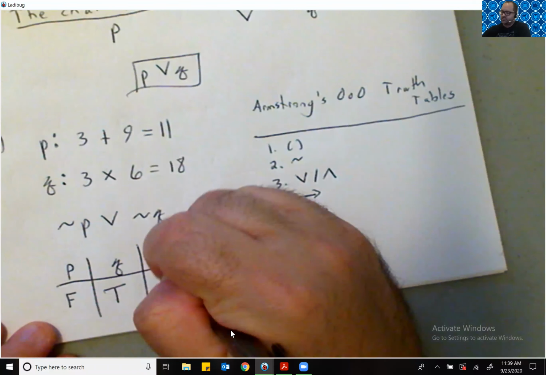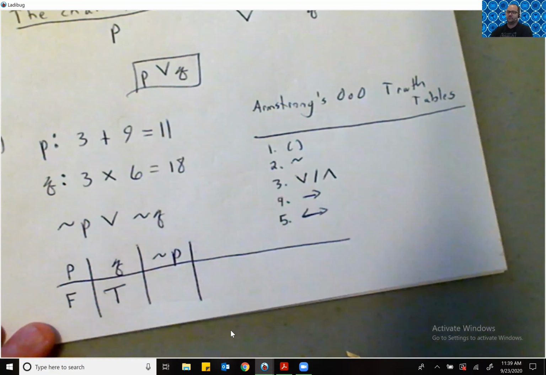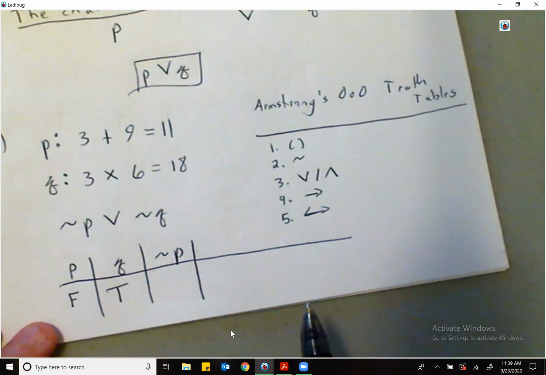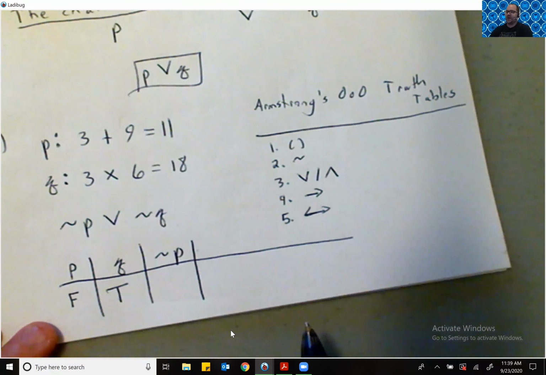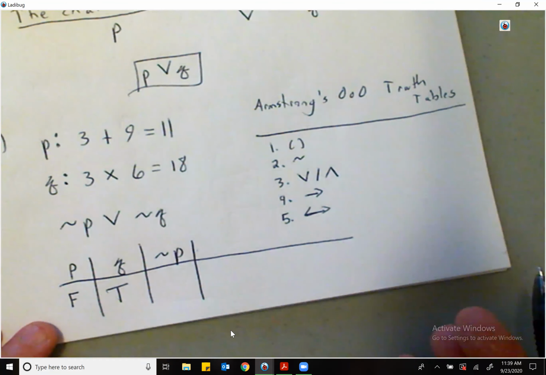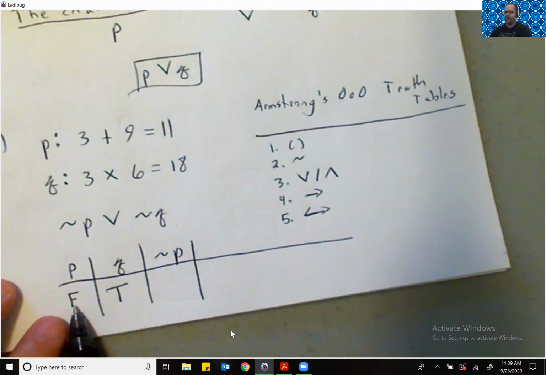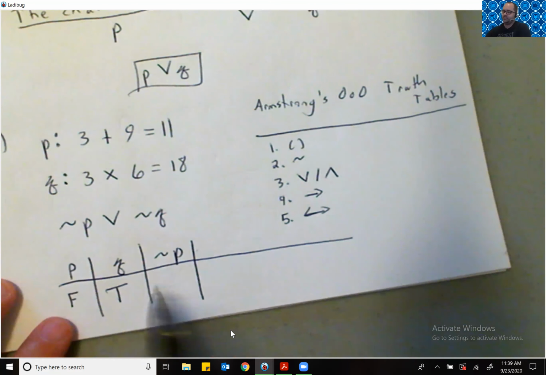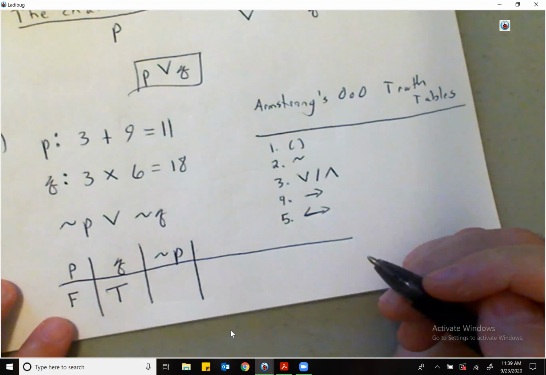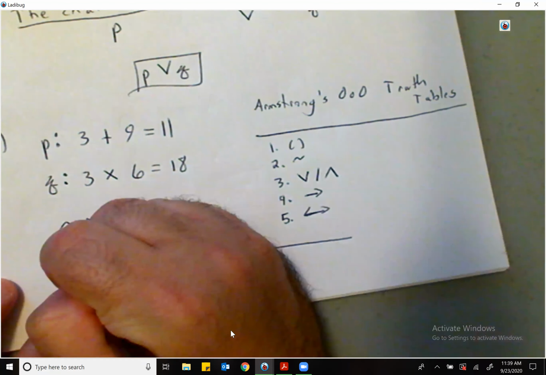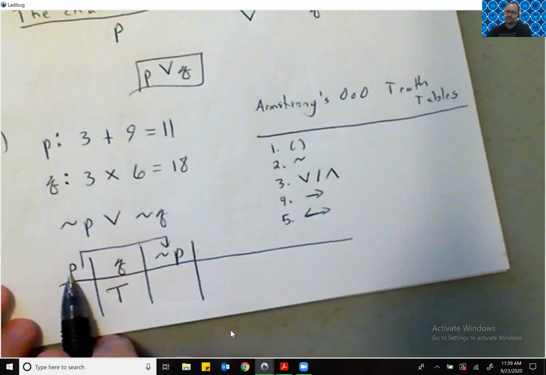What do negations do to truth values? They make them not necessarily false, they make them their opposite. A false value would be true and a true value would be false. All right. P was false, so the negation of P would be true. So we use the P column to help us answer this one.